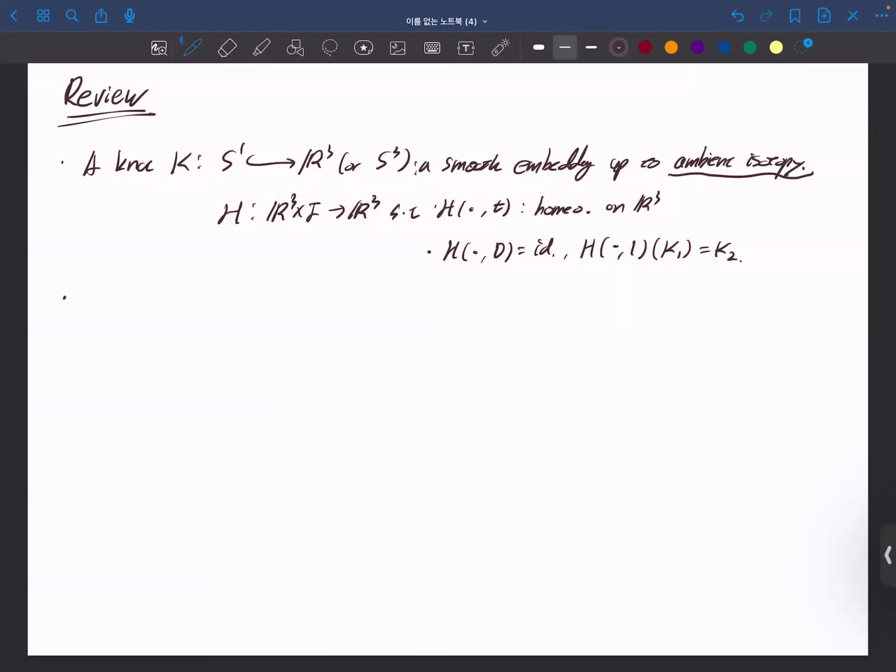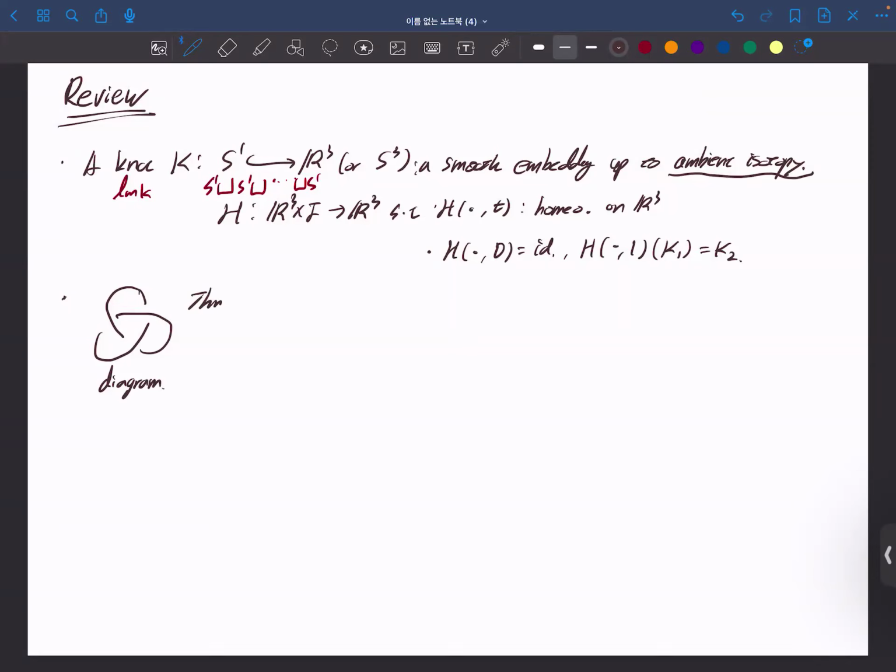A link is similarly a smooth embedding of a disjoint union of circles up to ambient isotopy. Then it is known that for any knot or link, we can draw such a figure, which is called a diagram.